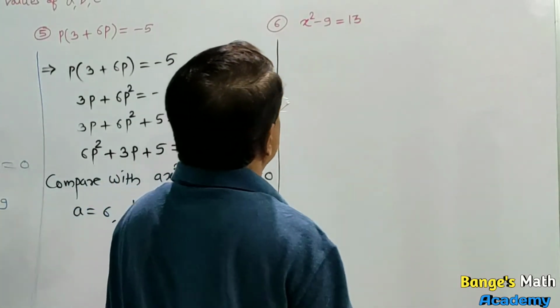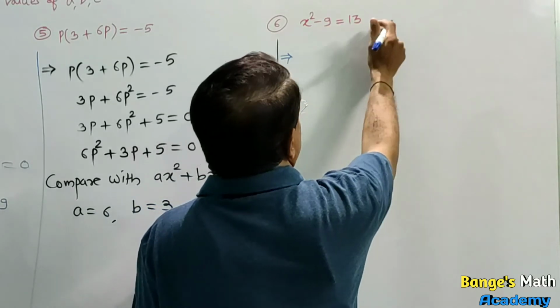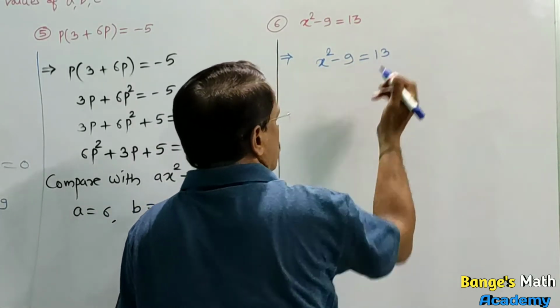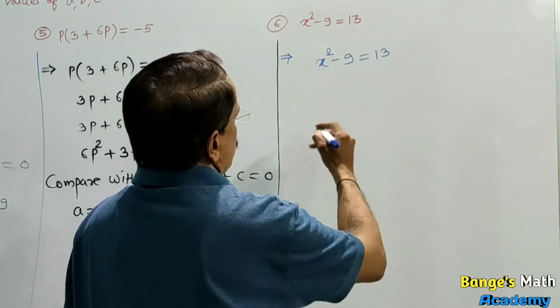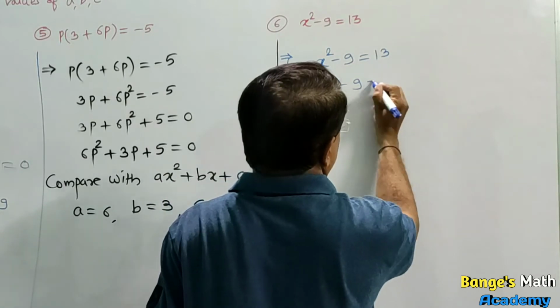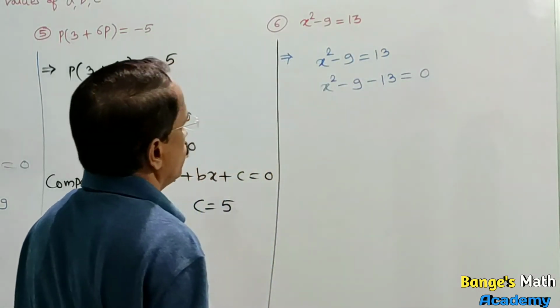Then see the sixth example. x square minus 9 is equal to 13. Transfer 13 to LHS. x square minus 9 minus 13 is equal to 0.